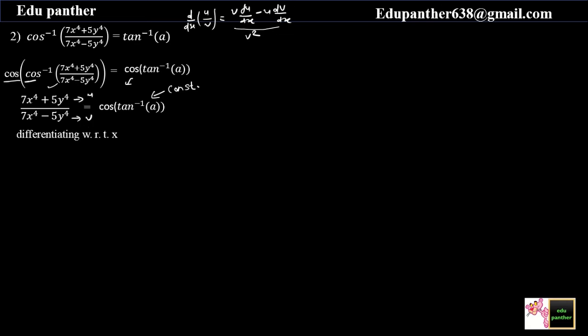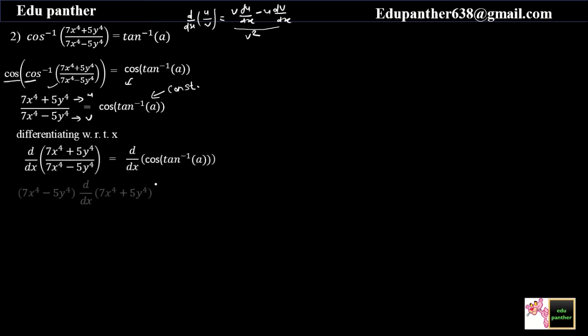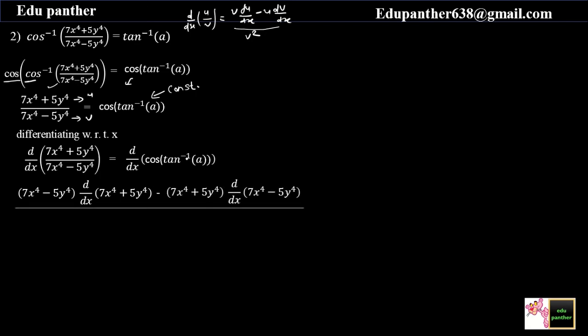So apply that rule, derivative of u by v. So this is equals to derivative of cos. So first term is v into derivative of u. So v means this denominator with minus sign into derivative of numerator. Then we have minus sign here, minus u into derivative of v. So u means numerator into derivative of denominator divided by v square. So v square is 7x raised to 4 minus 5y raised to 4 whole square is equals to, now your right hand side is a constant term, so its derivative will be 0.